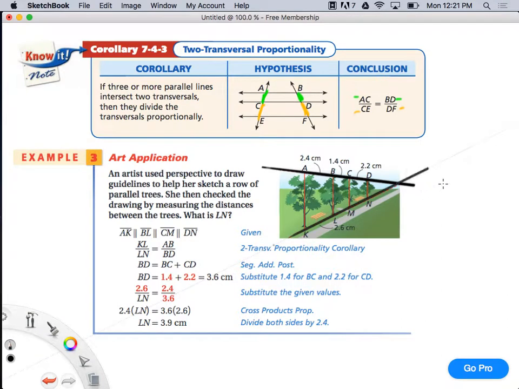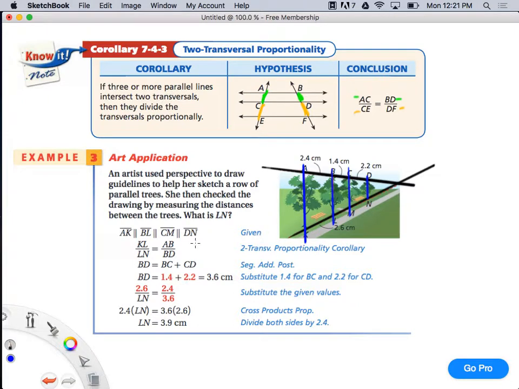And they're being divided by these parallel lines that go through it, right here, right here, right here, and right here. So we see these parallel lines there. Does that make sense to you guys? Okay, so these are the parallel lines that are splitting up these line segments.